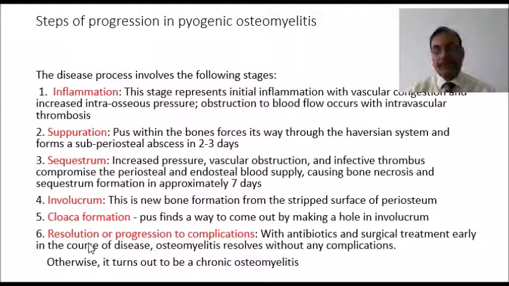And from here onwards, there are two ways this can behave. If there is treatment with antibiotic and if needed surgical intervention, there is a resolution of the osteomyelitis. Otherwise, if there is no intervention at the proper time or the antibiotics are not properly given, it turns out to be a case of chronic osteomyelitis.